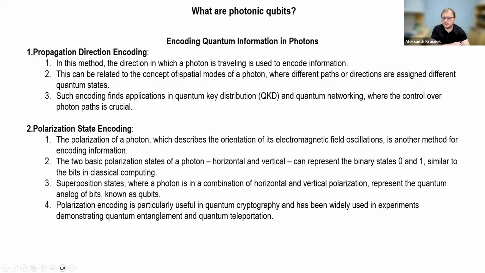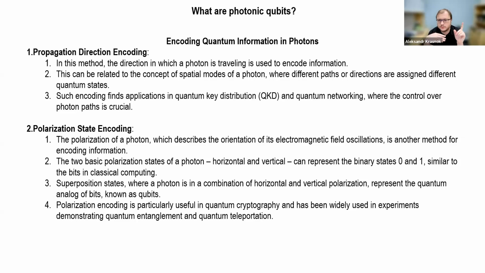So how do we encode the information into a state of a photon? There are several approaches, and I would say the two most important are propagation direction encoding, when we have a photon propagating in one direction, like up and down, left and right.